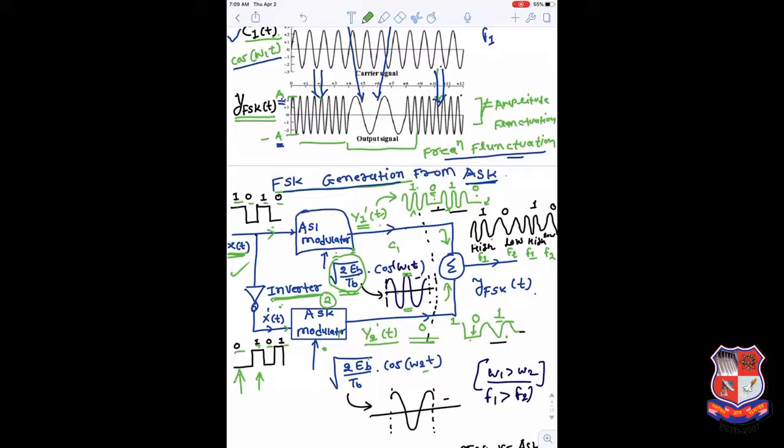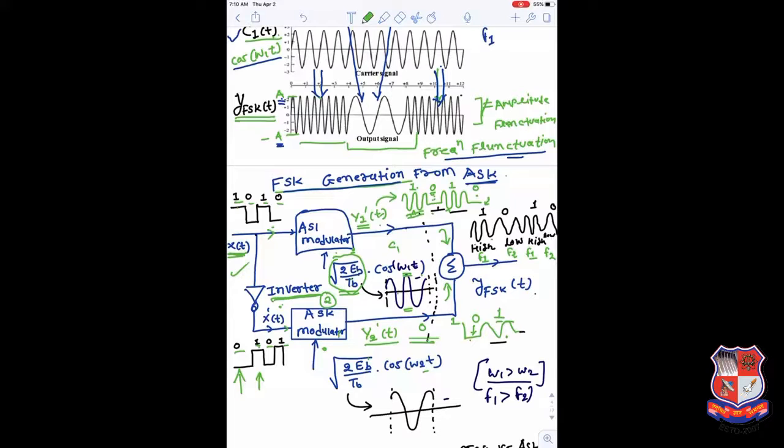Here we can see when there would be a 1, we transmit the carrier signal of omega 1 frequency, and when there would be a 0, we are not transmitting anything. There would be again 1, we transmit the carrier signal with omega 1 of t, and so forth. So this one is representing the output of ASK modulator 1, right? Now this is a simple ASK signal, but we want to produce an FSK signal.